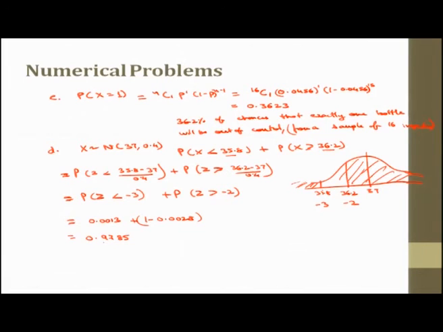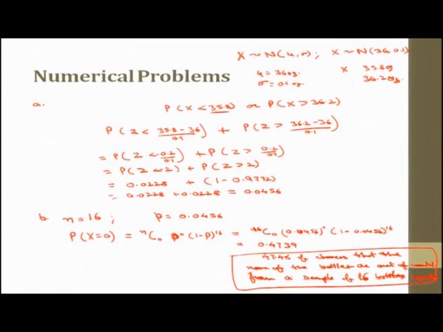So when the mean is shifted, when the upper bound is even lesser than the mean, we find that the probability of the process being out of control is very large. This is 97.85%. In case A, the probability was 4.5%.